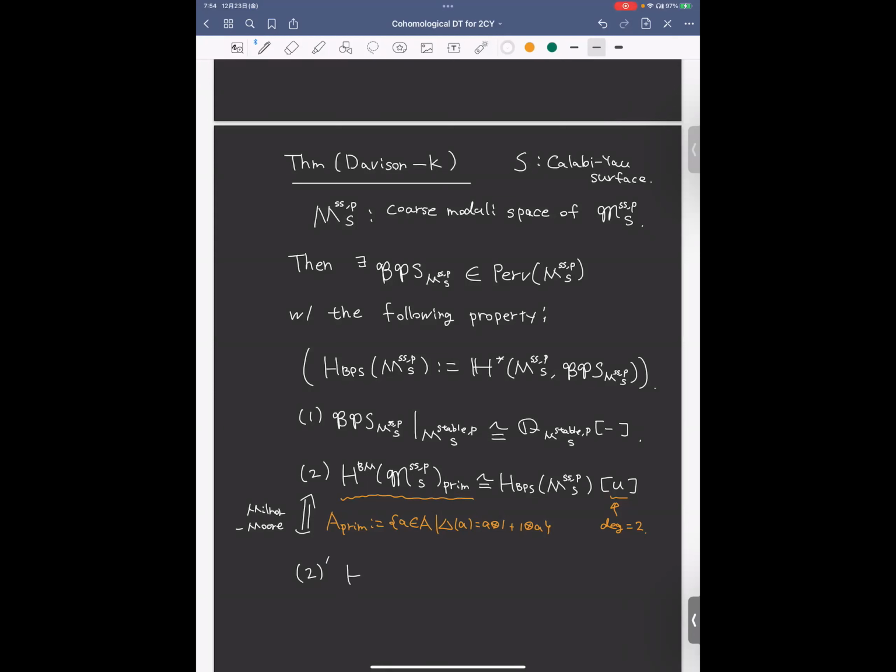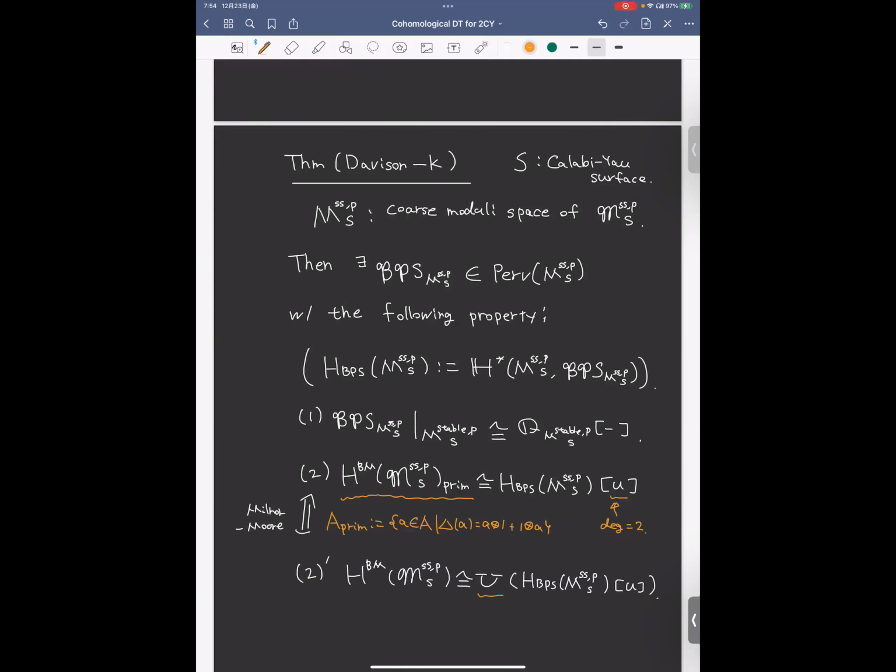The Borel-Moore homology of this stack is isomorphic to the universal enveloping algebra of this Lie algebra, the BPS cohomology of the moduli space, adding a formal parameter of degree 2.